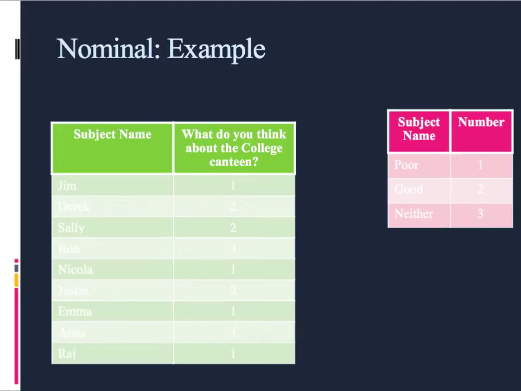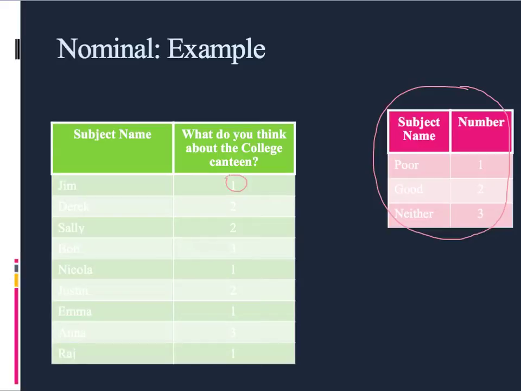In this example, I've conducted a questionnaire asking students what they think of the canteen. As you can see over on the right, I've assigned 3 different answers, whether they think it's poor, good, or neither of the above. Then I've coded those answers as a number 1, a number 2, or a number 3. So all those people that said poor get a number 1.